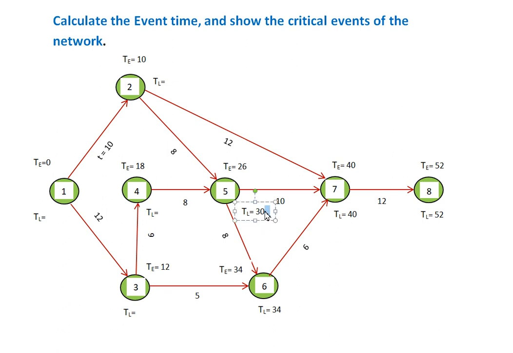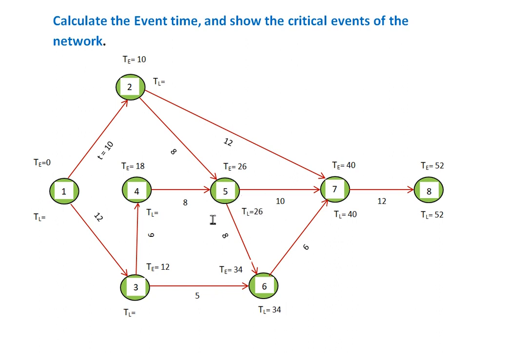Between 30 and 26 we should write the smaller one, so we take 26. Just the reverse of TE: in case of TE we take the larger one, and in case of TL we take the smaller one, that is 26.